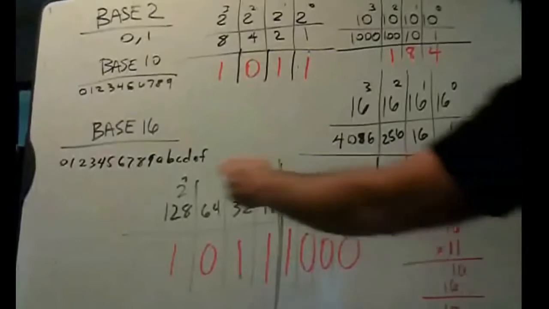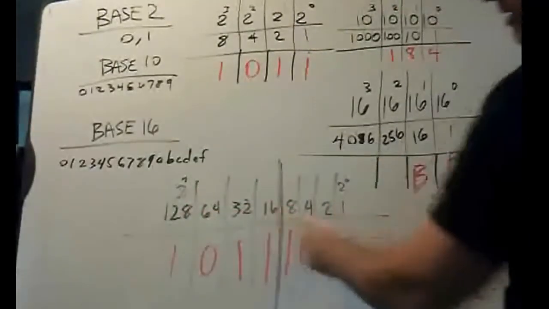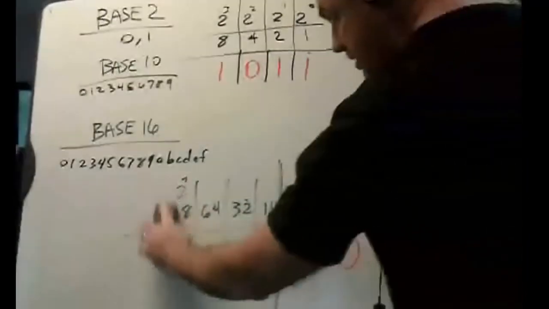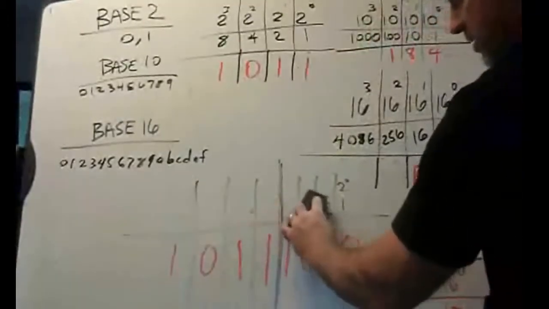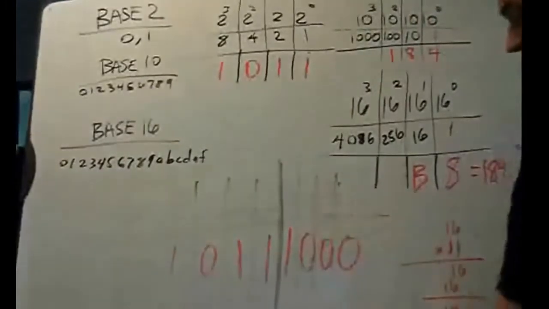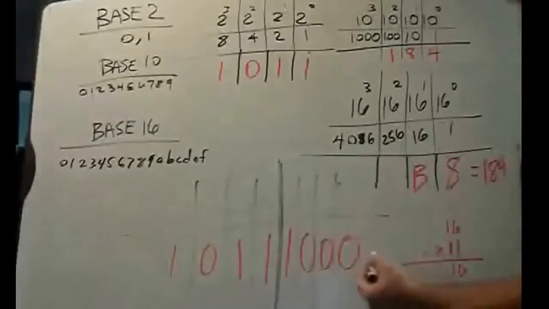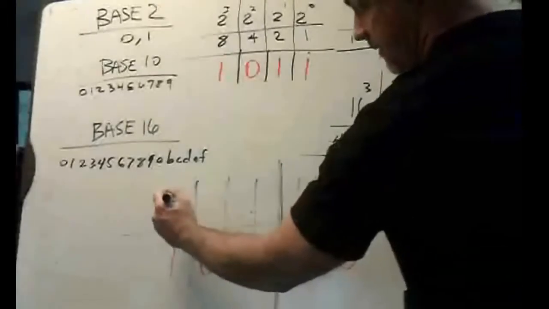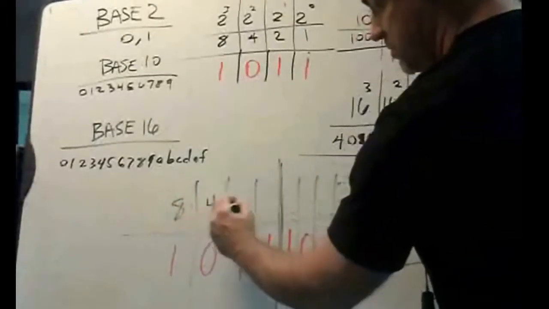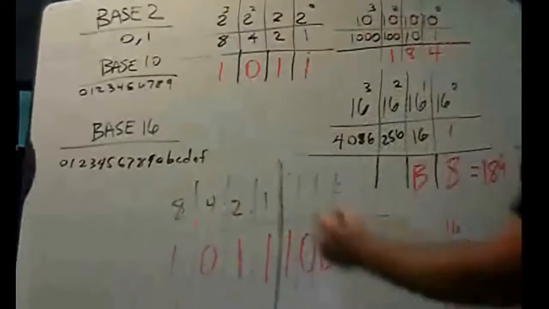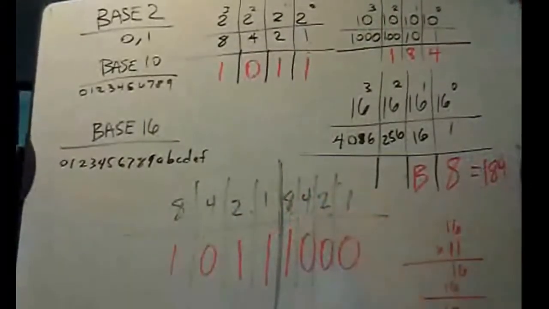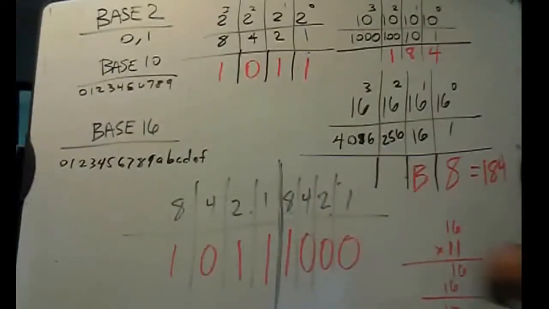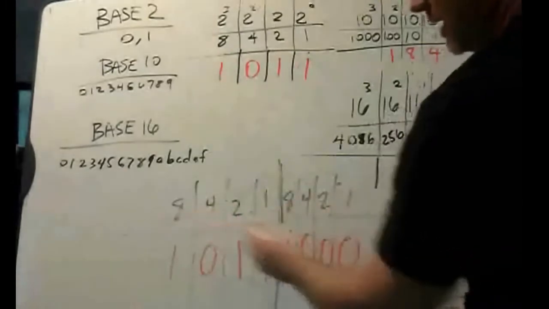So instead of being the 128's place, the 64's place, the 32's, the 16's, we treat each 4 bits, even though we have 8 bits total, as 4 bits each. So this would be the 8's place, the 4's place, the 2's place, and the 1's place, and the same again for the other nibble. Then we can count each one separately.